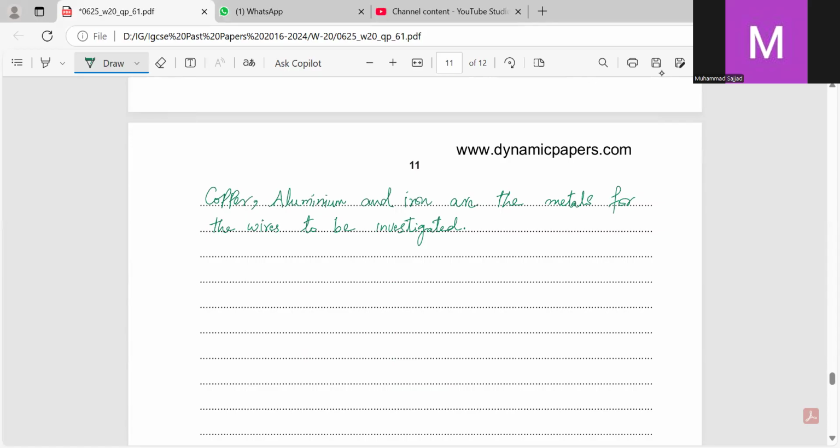Then the next is the circuit diagram. The circuit diagram is as shown below.